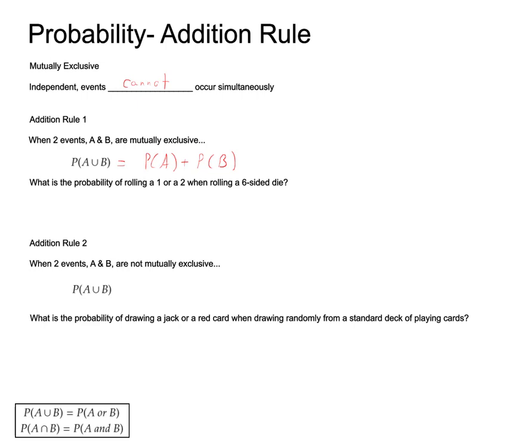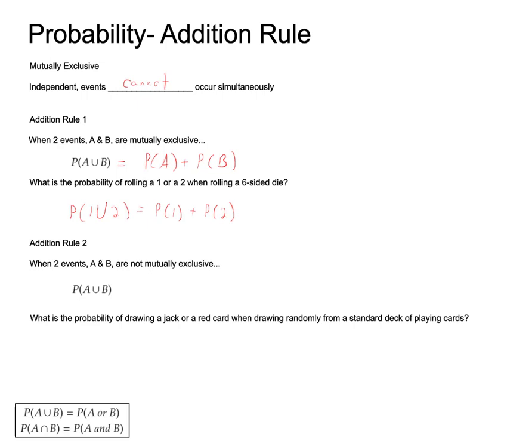Okay, so let's do an example of addition rule 1. For example, if we have the probability of a 1 or a 2 when rolling a 6-sided die, we would want the probability of 1 or 2 is equal to the probability of 1 plus the probability of a 2.